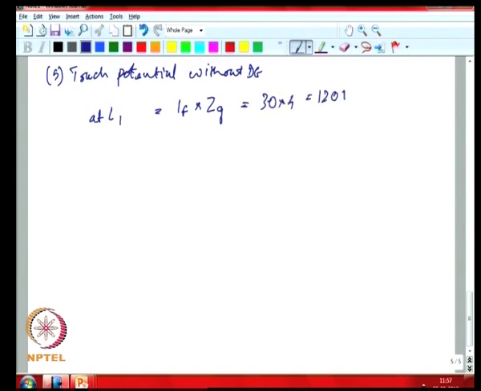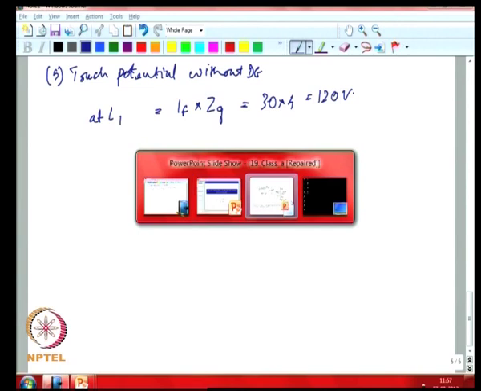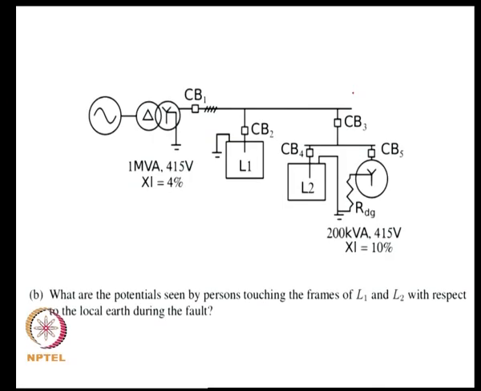So, 120 volts is what would be seen by a person at load 1. So, you have a fault over here and you have a person say touching the frame, then because of the resistance between your ground wire and the earth electrode, this frame gets elevated with respect to ground. So, the person touching it would see a shock of about 120 volts.